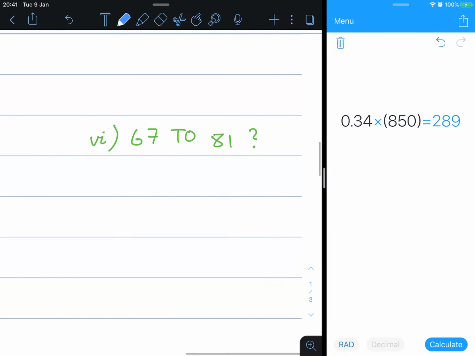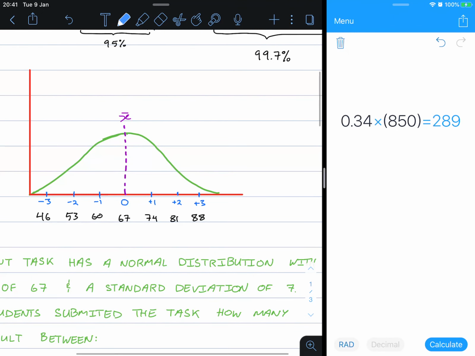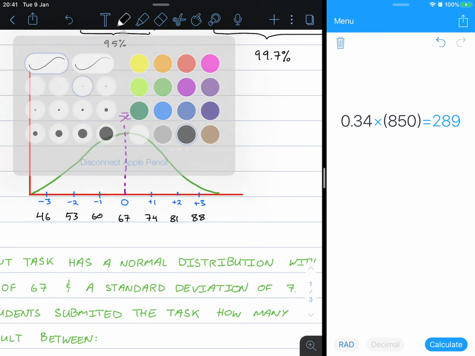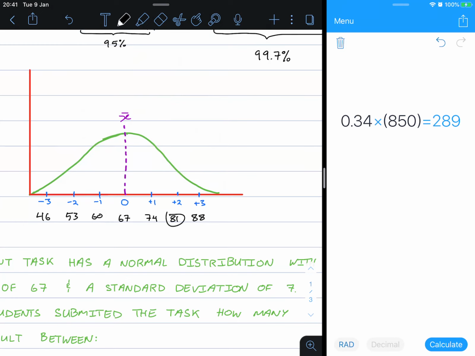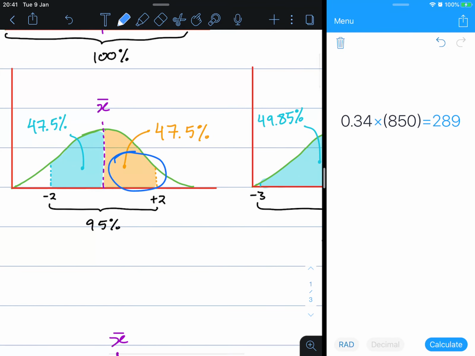From 67 to 81. So that's just from 67 to 81. Let's mark that in. So between 0 standard deviations and +2, that corresponds to this area here, this one in orange.